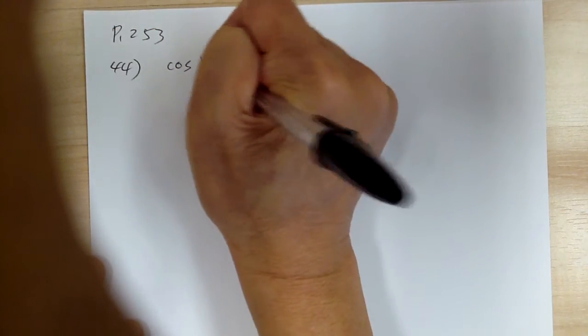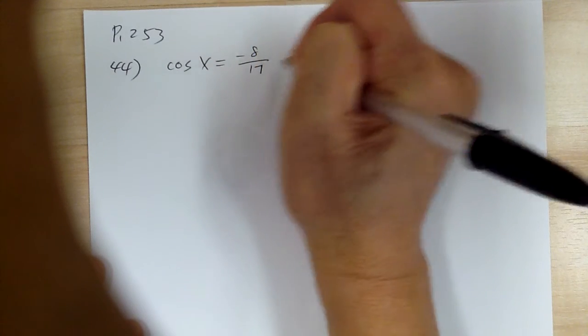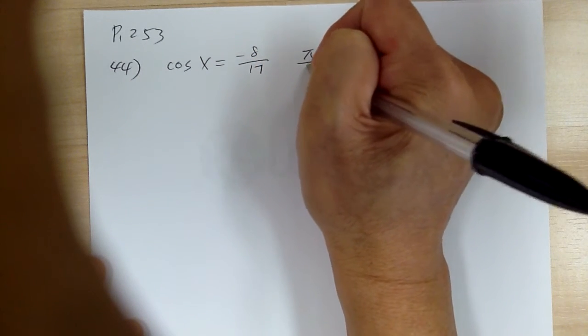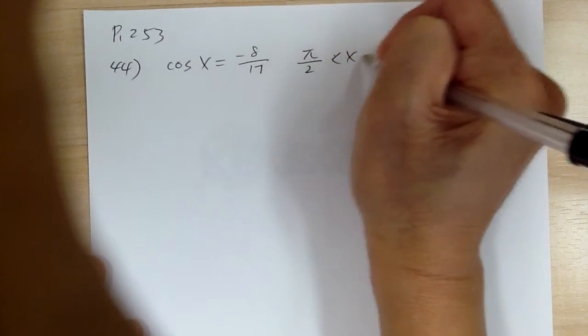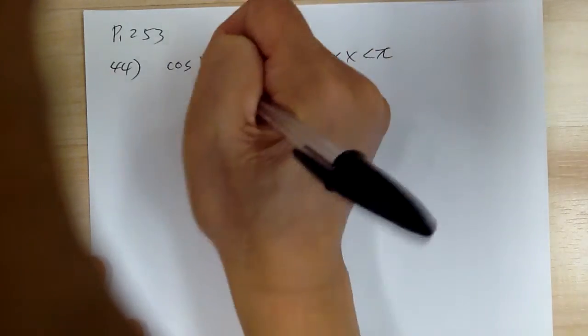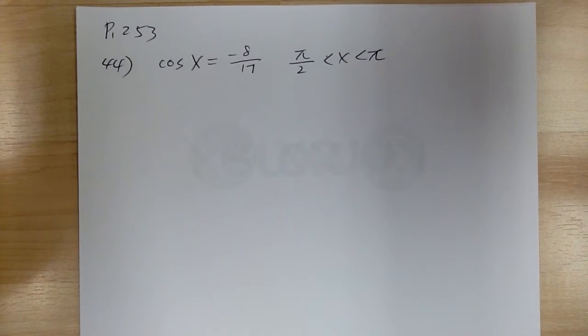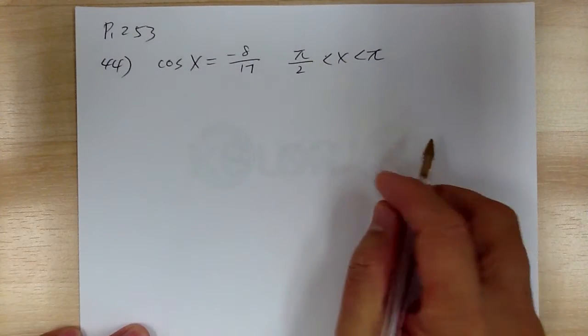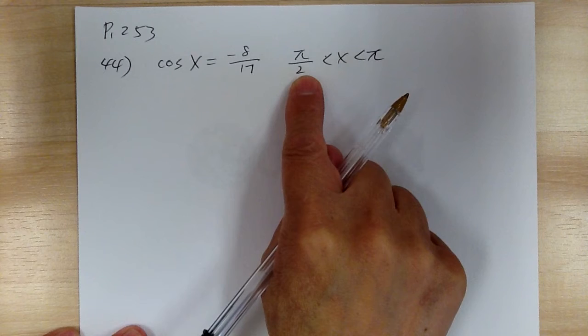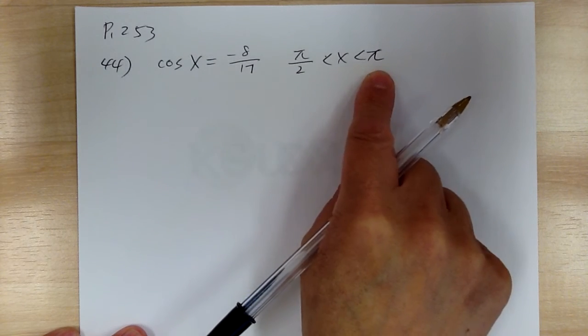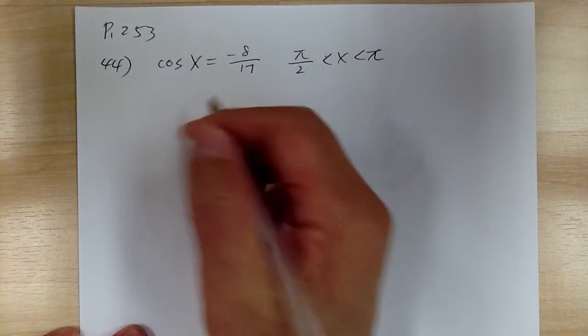Cosine of x equals negative 8 over 17, and the angle x is between pi over 2 and pi. So again, you need to locate your triangle, right? This tells you that it's between pi over 2 and pi, so you know it's quadrant 2.